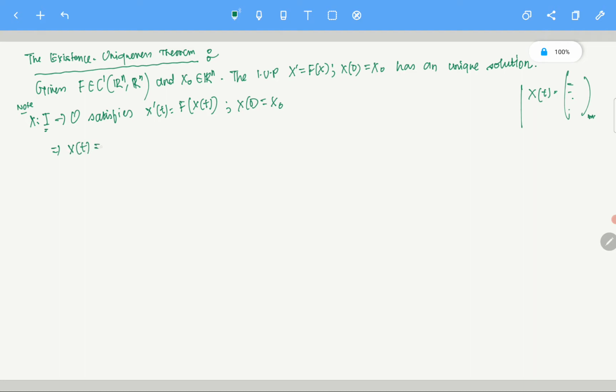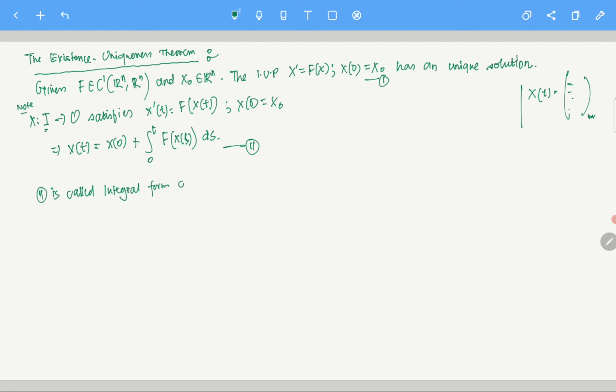That will give you x of t equals x of 0 plus the integral from 0 to t of f of x of s ds. Clear? That is what we are going to get. So this is your original problem 1, and this is problem 2. As you already know, this 2 is called the integral form of 1.